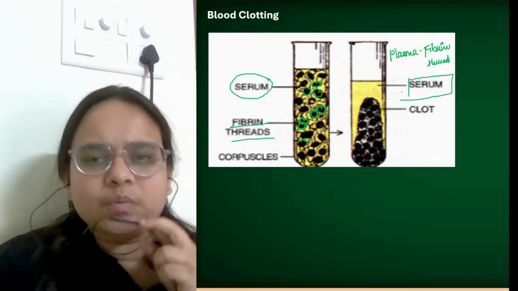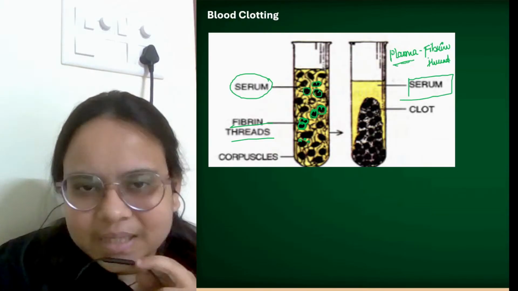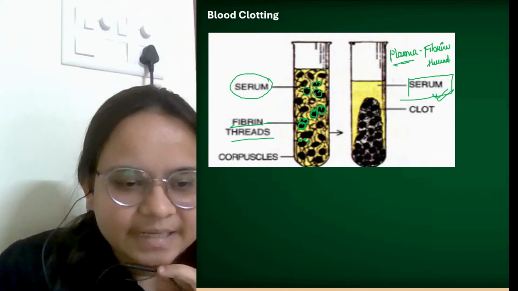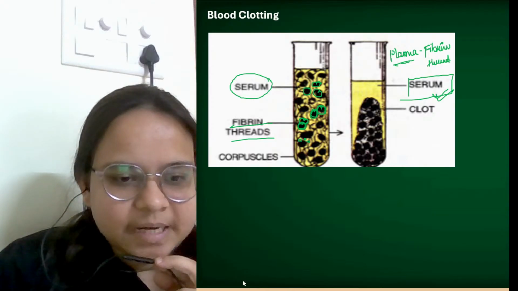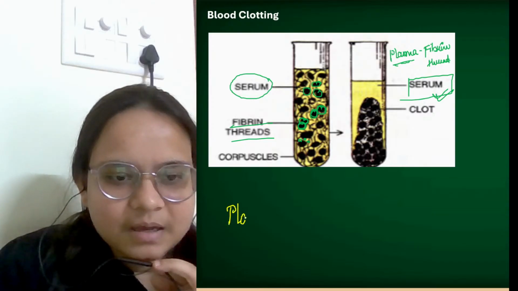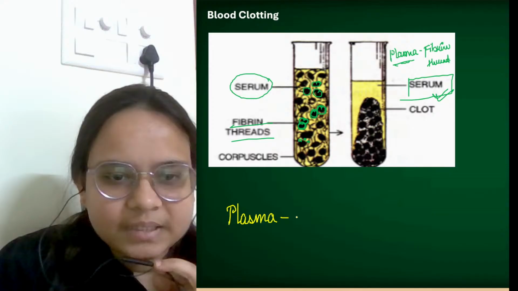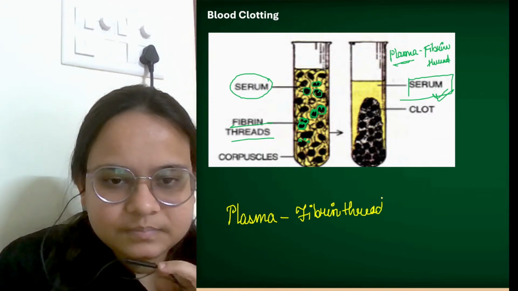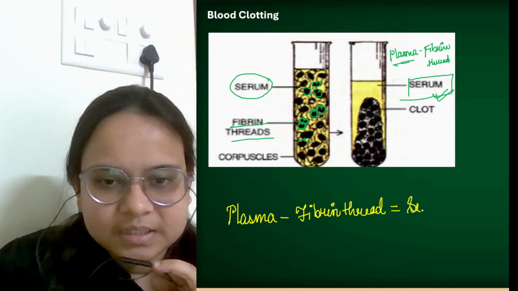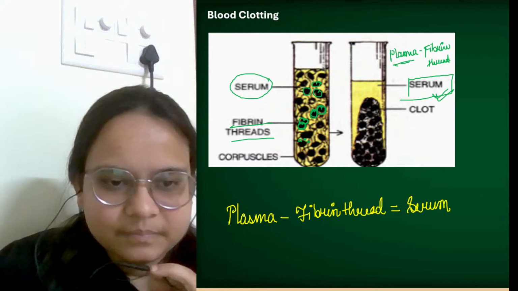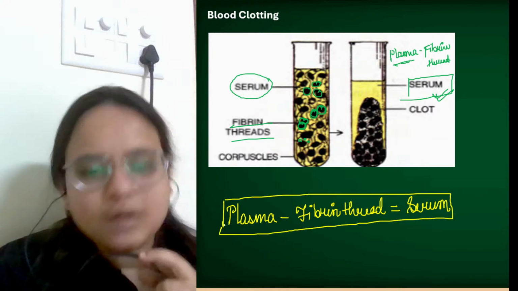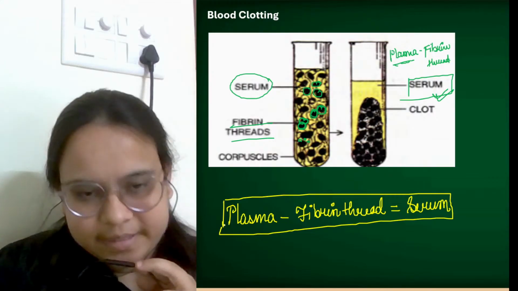In short, plasma minus fibrin thread is actually serum. Okay, so I'm just writing here: plasma minus fibrin thread is serum. In short, we can define serum as plasma without fibrin threads.